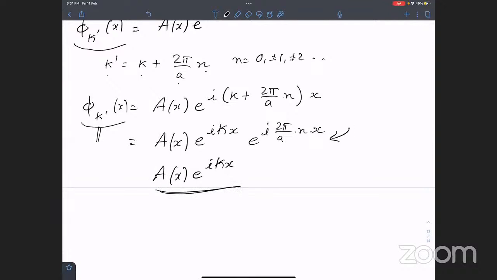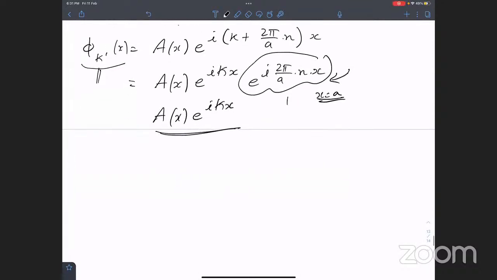And if x is equal to a, then this is going to give me 1, right? So if I take K and I change it to K plus 2 pi by a into n, my probability and all the other conditions will actually remain exactly the same. They won't change, right? And I'll have again a periodic function.